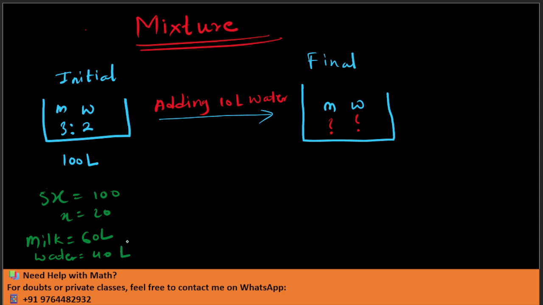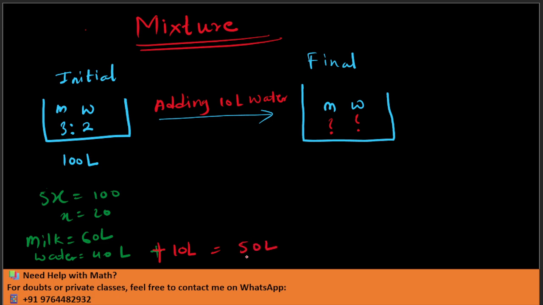So we have 60 liter of milk and 40 liter of water, but we are not adding any milk to it, we are adding water to it. Let me change the color. Now I'm adding 10 liter of water, so the quantity will be changed and it will be 50 liter.